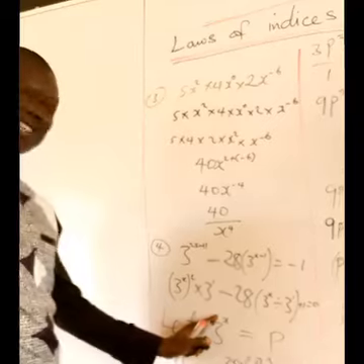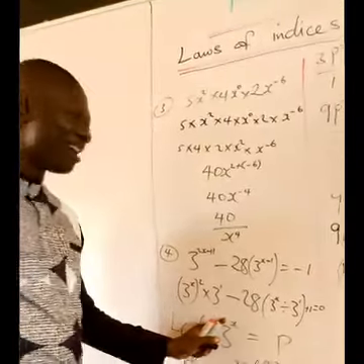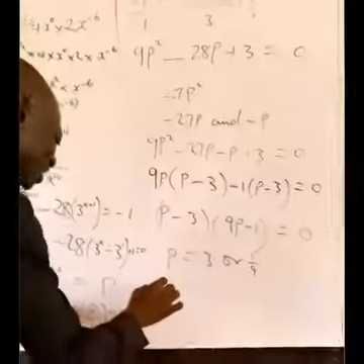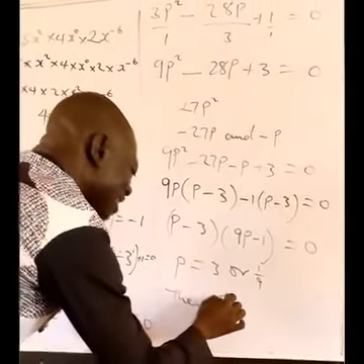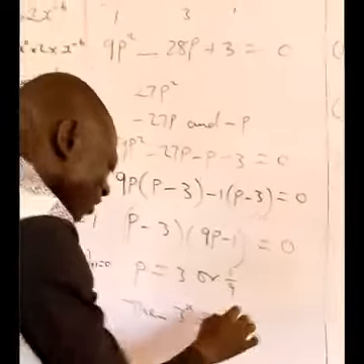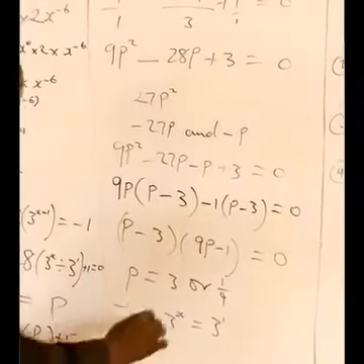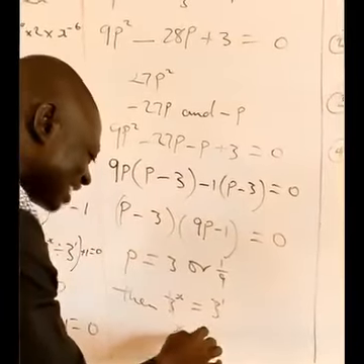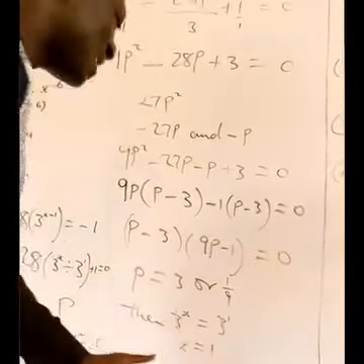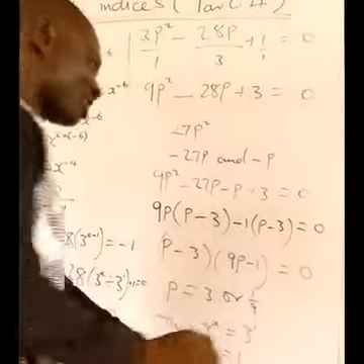We are going to get the x for him or her. It means that 3 raised to the power x is equal to 3 raised to the power 1. If the bases are equal, then these are going to be equal. And so x is equal to 1.